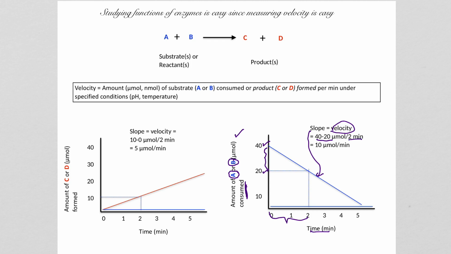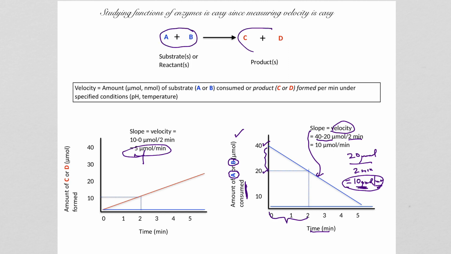So 40 minus 20 is 20 micromoles, and that change is happening in 2 minutes. That will give us a slope of 10 micromoles per minute. So in this example, the velocity of the reaction is 10 micromoles substrate consumed per minute. And in this example, the velocity of the reaction is 5 micromoles product formed per minute. So velocity could be determined either by monitoring the substrate or the products.